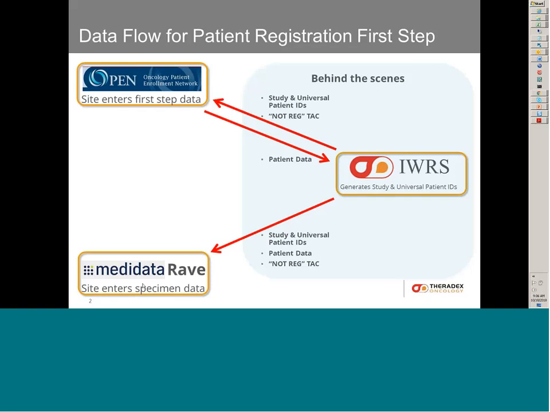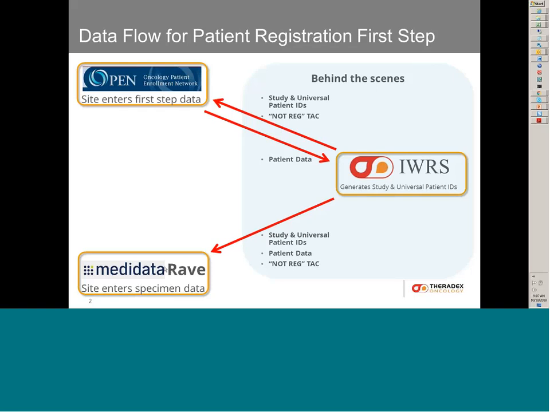And we'll be going through that process of how to enter that data as soon as we finish with a few of these slides. So at this point, the patient is not registered, is not an eligible patient. We don't know if they're going to be, but nonetheless, data is being entered in rave for that patient.